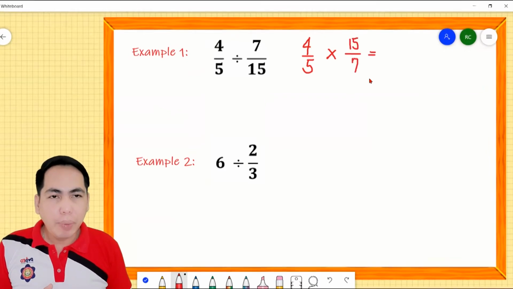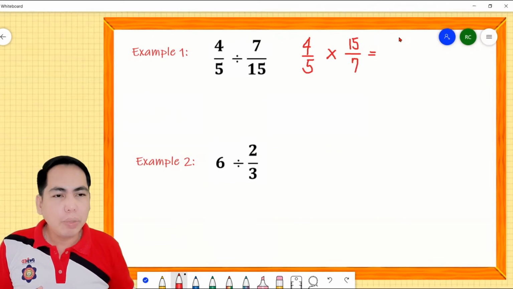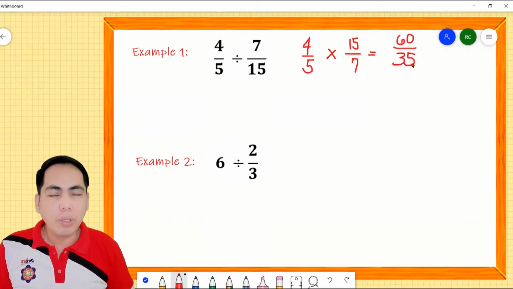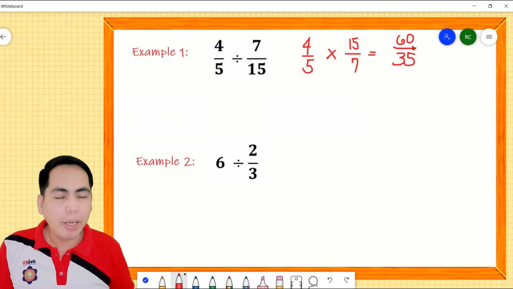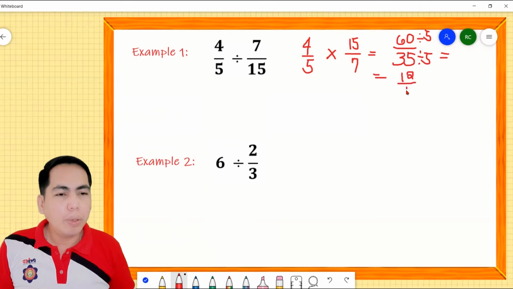We can multiply the numerators and multiply the denominators as well. So 4 times 15 will give us 60, and 5 times 7 will give us 35. 60 over 35 is not yet in the lowest term, so we have to reduce it by dividing both the numerator and the denominator by 5, since 5 is the GCF of 60 and 35, to give us 12 over 7.